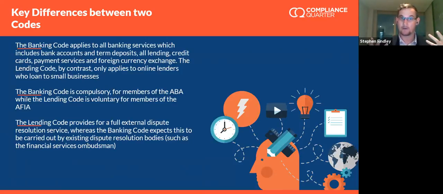It's worth noting that it doesn't necessarily apply to all of the services that happen to be offered by a bank. Some banks, for example, offer financial advisory services, which are not necessarily covered by the banking code of conduct. They're covered by separate codes.